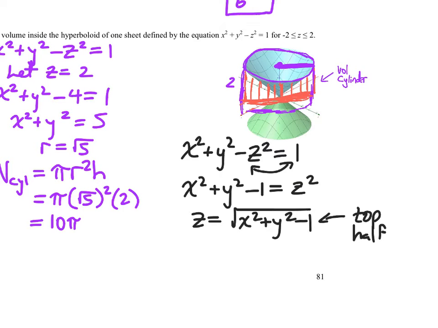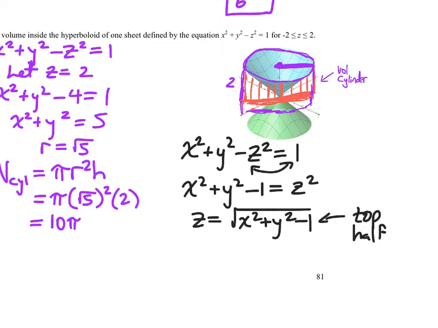We already know the shortest distance r is going to travel and the furthest distance r is going to travel. We did it up here. When we plugged in the z value of 2, that told us the furthest extent of r, because that'll get us to the outer edge of the surface. The shortest distance it could travel would be 0, because that would put it right at the pole. That's where it comes to a point. So we actually already have our bounds. All it takes is a little bit of thinking.